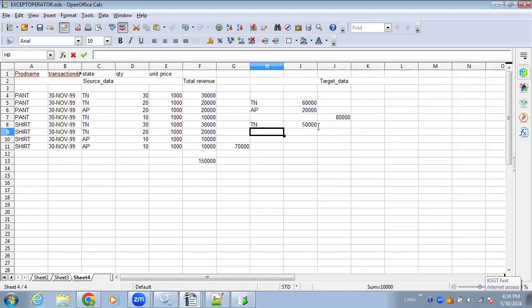This is your state-wise shirt value. Okay, in AP, the sales are going on pretty much faster.